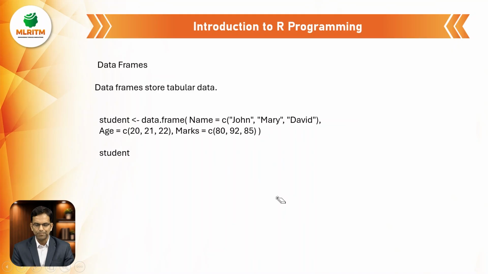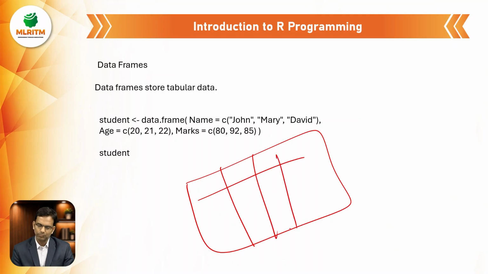And next, data frame. A data frame states what? A data frame is a tabular structure that can be represented in a specific form. In this form, we may type the name of the students, the gender of the students, the grade of the student, and the marks of the student.